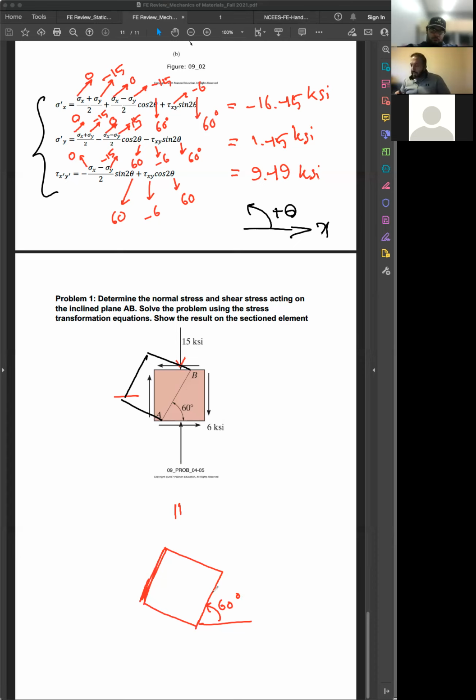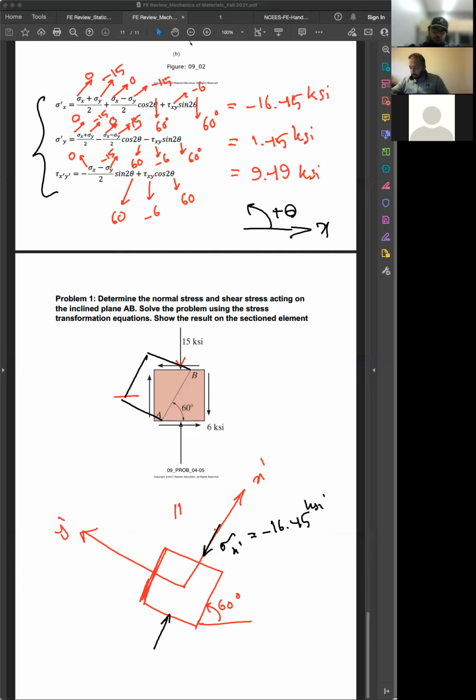On the x axis, you have negative 16. This is your x direction. Here you have your sigma x prime equal to negative 16.45.